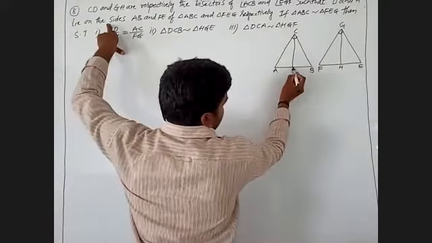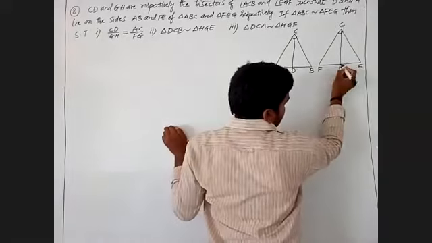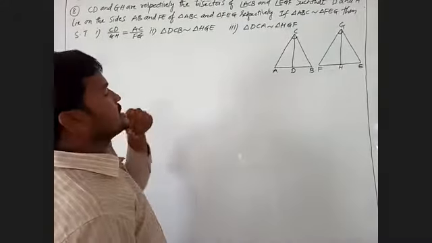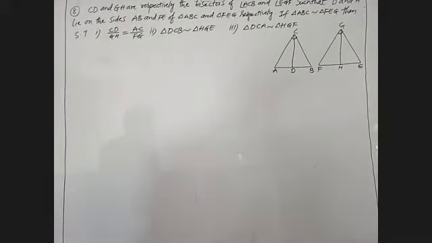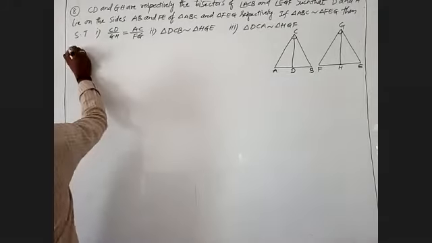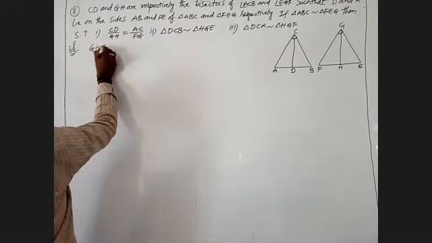D lies on the side AB, and H lies on the side FE of triangle ABC and triangle FEG respectively. I have to prove in this condition. First, I will write what is given in this one.